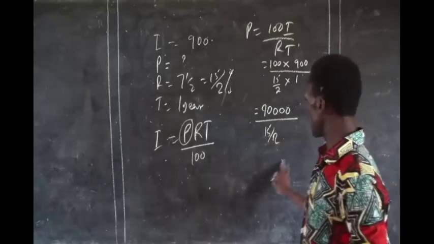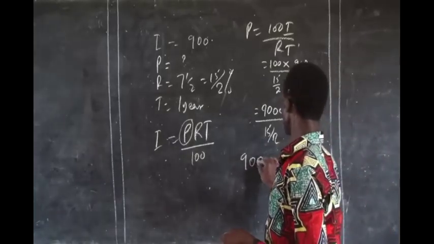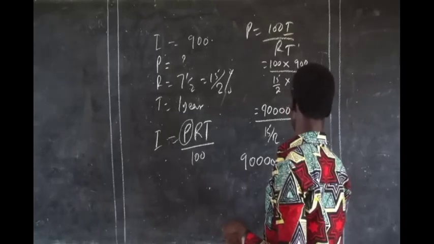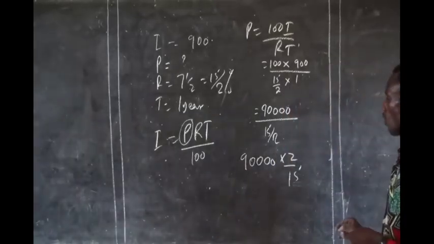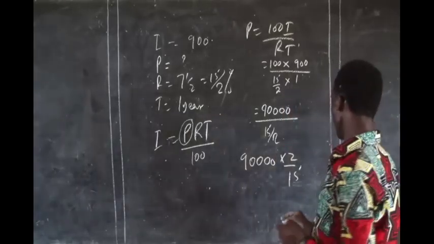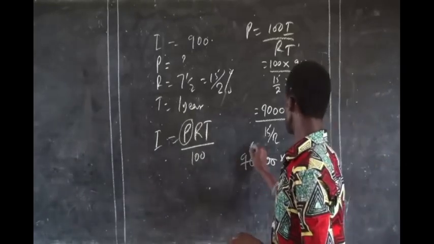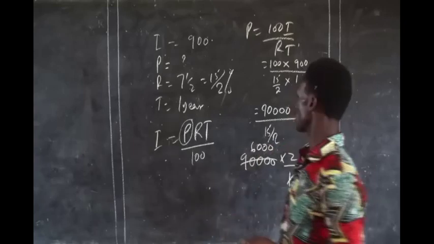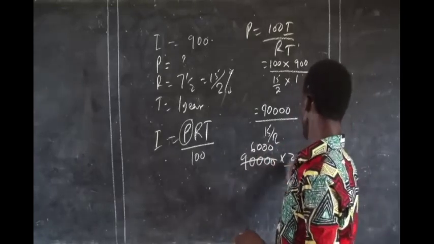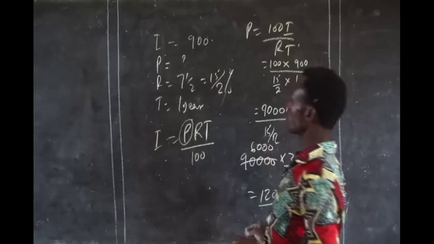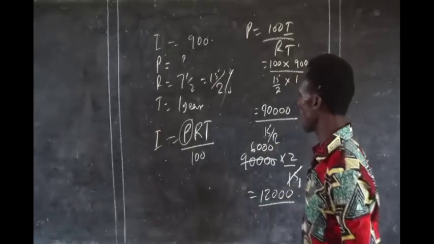Mathematically, this is 90,000 now times 2 over 15. Taking this one, it is 1, here it is 6, 6,000. Now 6,000 times 2 is equal to 12,000. So the money that was deposited was 12,000.